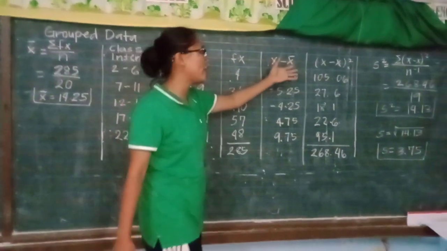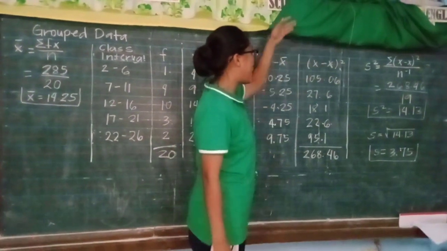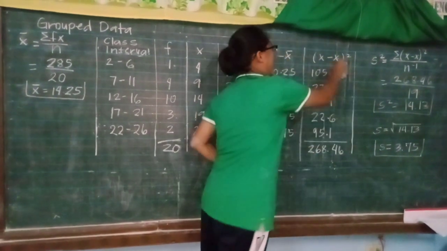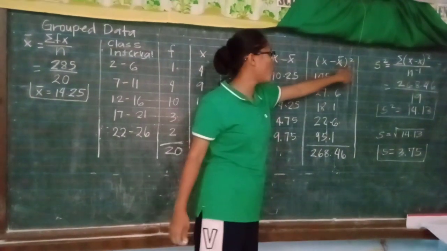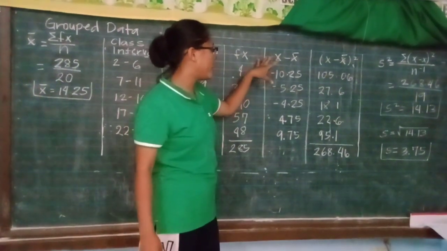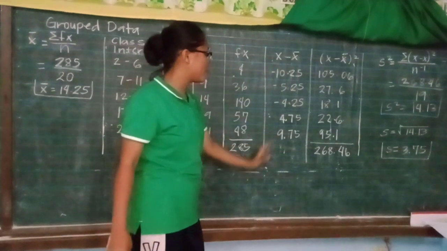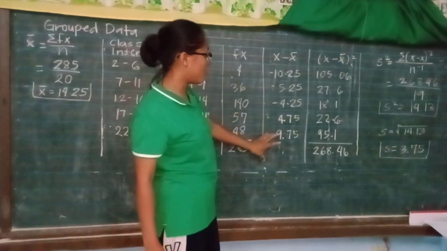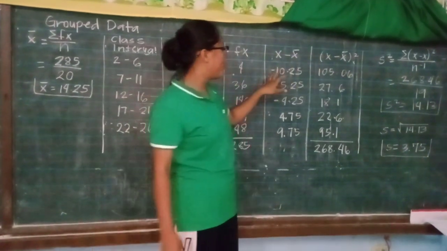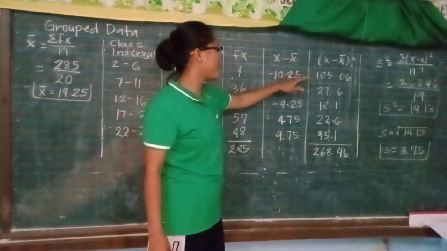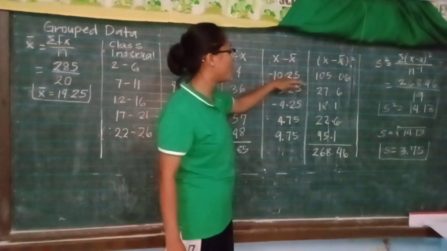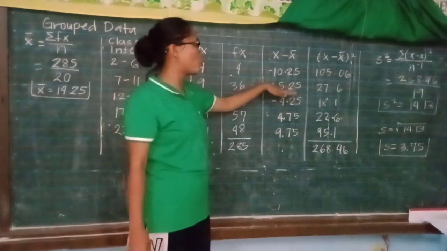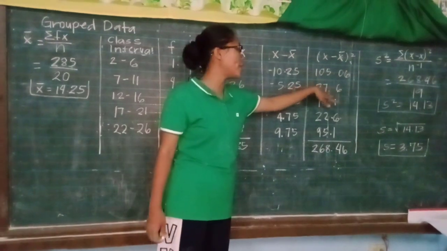And we will proceed to our last column, and that is the quantity of x minus mean raised to the power of 2. And to avoid this negative sign, we will multiply this by itself, and this will be negative 10.25 times negative 10.25 is 105.06. Negative 5.25 squared is equal to 27.6.